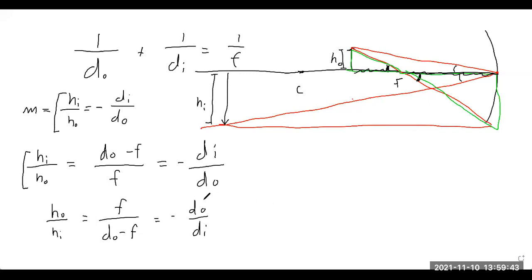And then divide both sides by DO. So the right side is just going to turn into -1 over the image distance. And our other side.